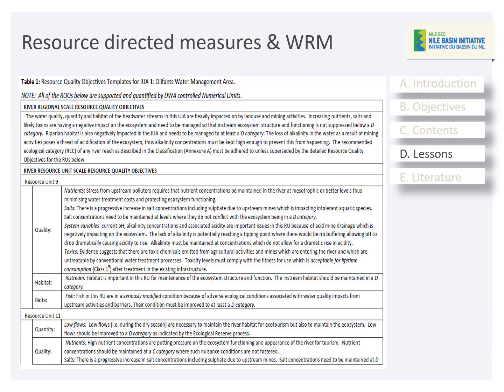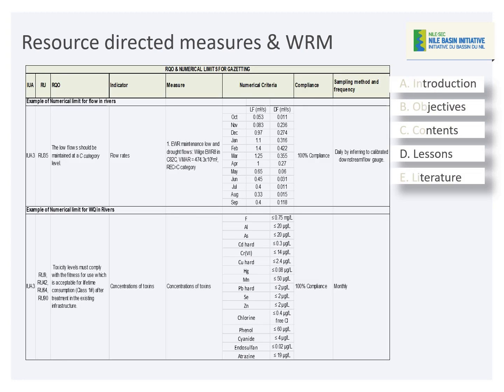Finally, we wrote up draft gazettes where we had regional RQOs, we had reach scale RQOs as well, and these are general requirements that we had to meet the objectives, and you can go through these in greater detail, but that just shows you what the outcomes were.